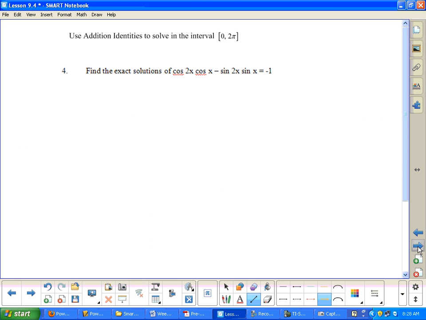Okay, so cosine of 2x, cosine of x, minus sine of 2x, sine of x equals -1. So what identity is this? The addition identity for cosine. Very good. So this is the cosine of 2x plus x.